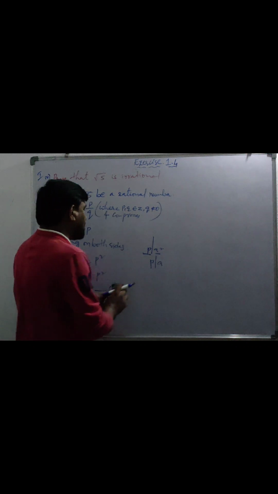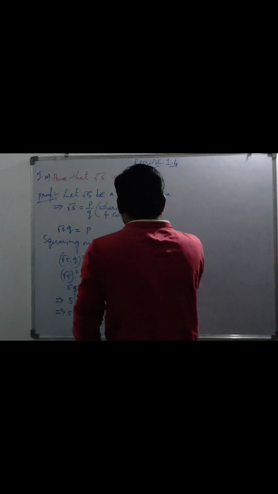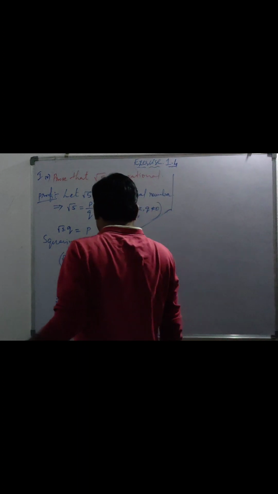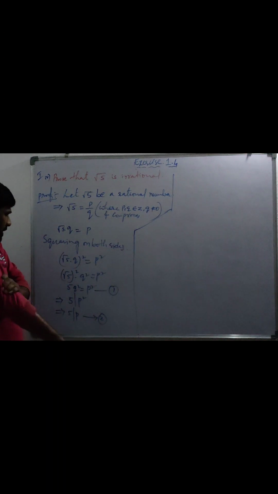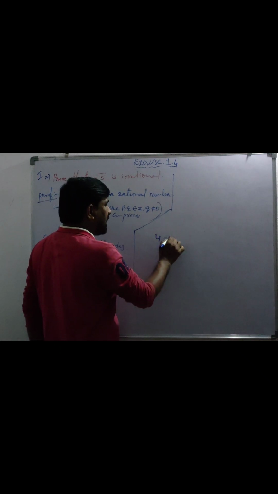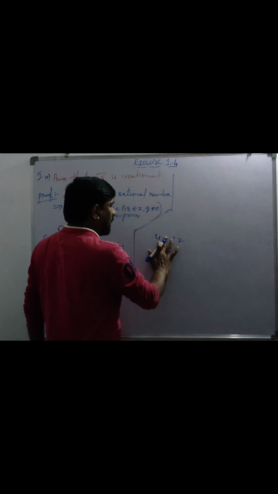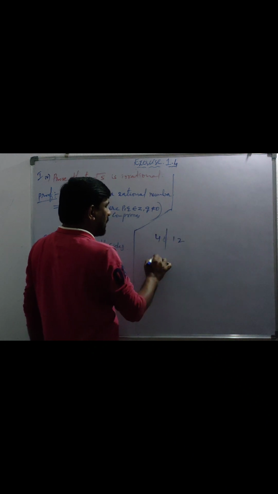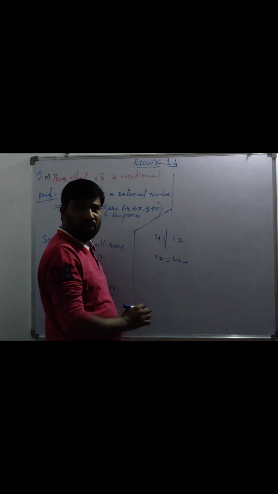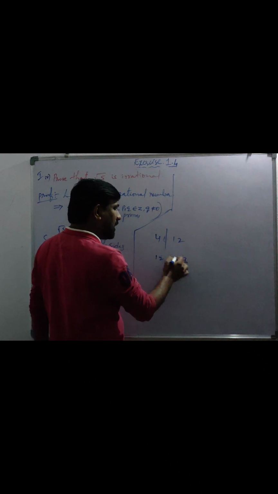So this is: 5 divides p here, right? Whenever 5 divides p, suppose 4 divides 12, no? 4 divides 12, so this 12 can be expressed as 4 into some other number, here 4 into 3.